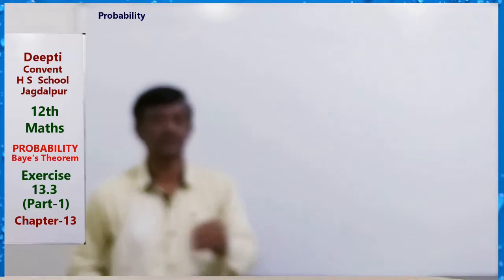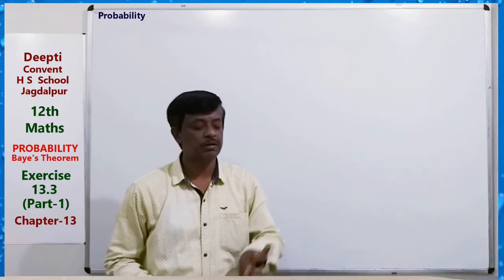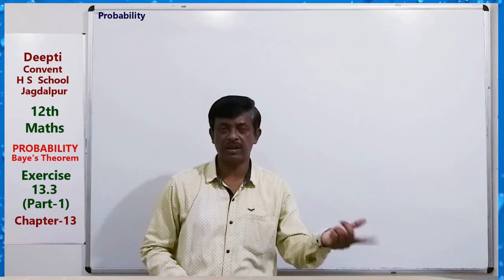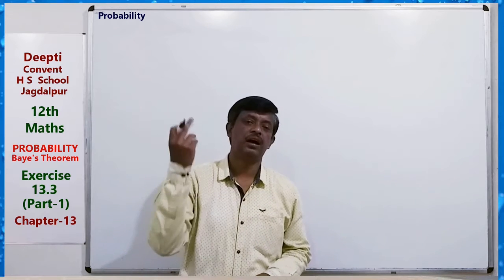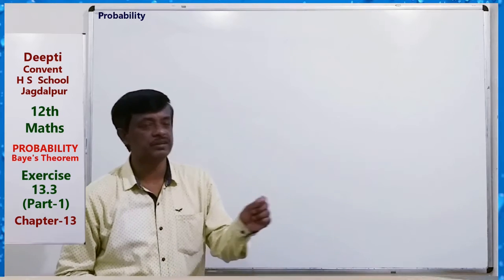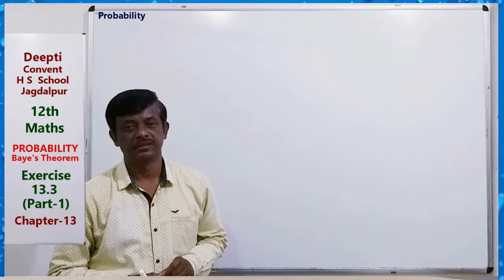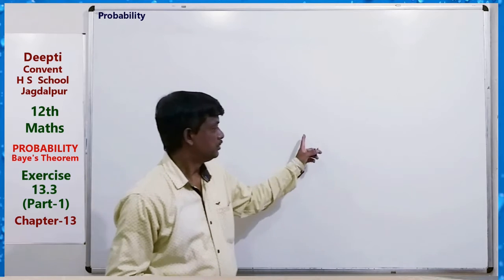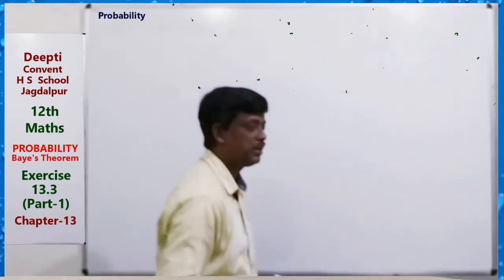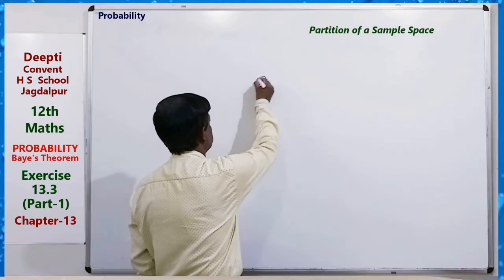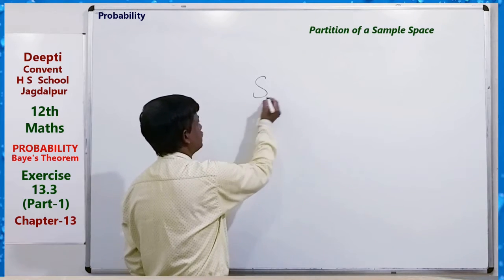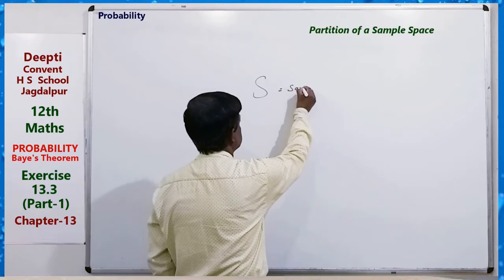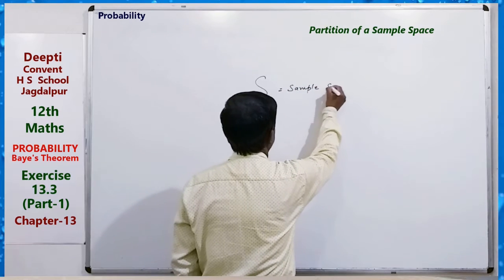By combining two or three outcomes we may get an event, or a single outcome is an event, that is an elementary event. Suppose we have the sample space of an experiment.